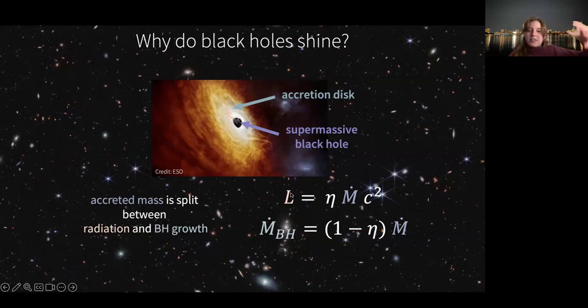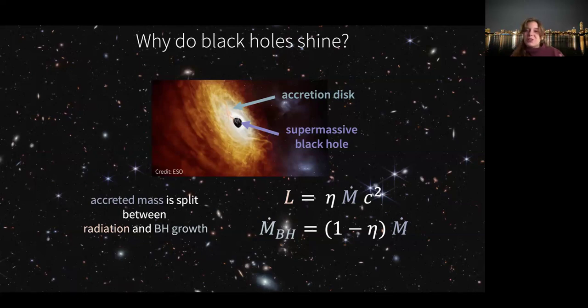And so this radiation that's being emitted is given by this L over here, that stands for luminosity. And I want to draw your attention to this eta over here, which we call the radiative efficiency. This is essentially quantifying what percentage of the energy that comes in is going to be radiated away. It turns out that this radiative efficiency is on the order of 10%. So for every energy unit, 10% of that is radiated away into space.